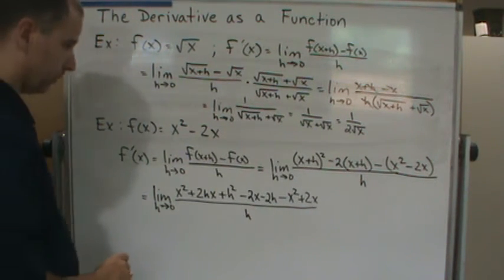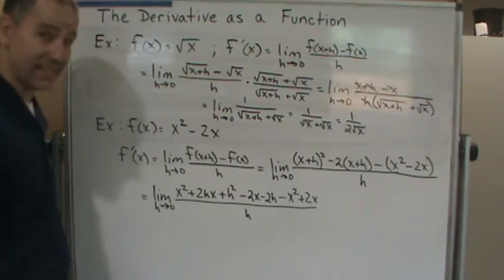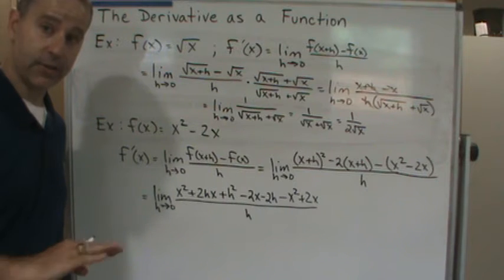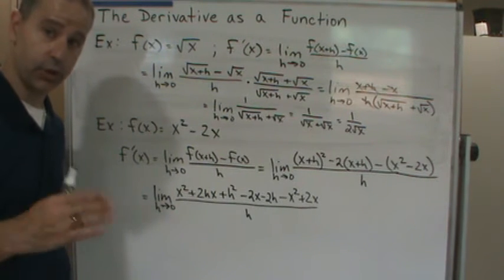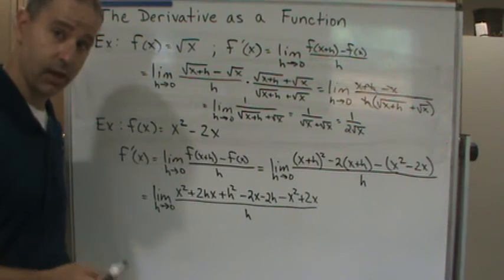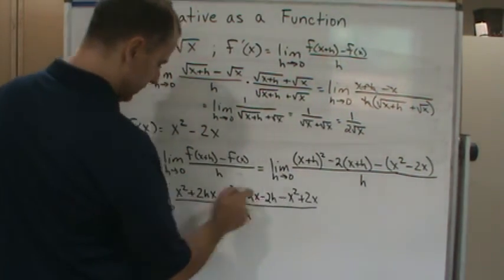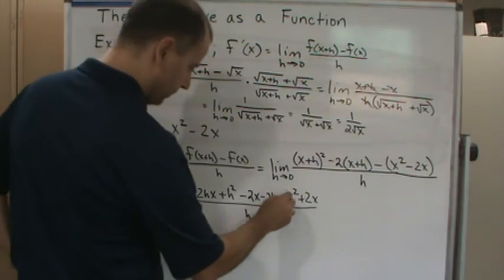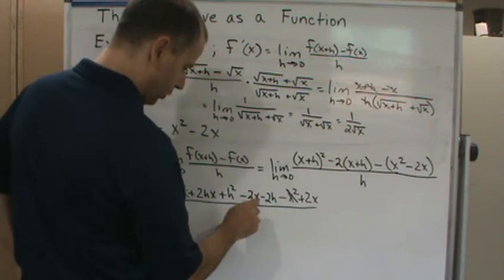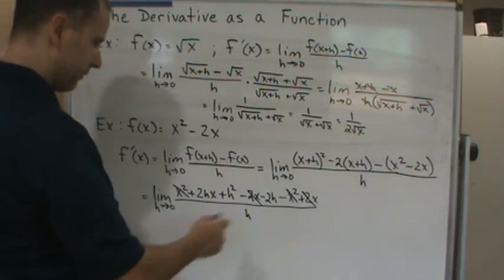And now I'm going to look for things that cancel. I've got an x squared and an x squared. So basically what you should look for is that everything with no h's in it is going to cancel. After you're done, you should only have things that have h's in them so you can factor out an h to cancel with the bottom. So x squared minus x squared cancel, minus 2x plus 2x cancel, and everything else I have an h in.